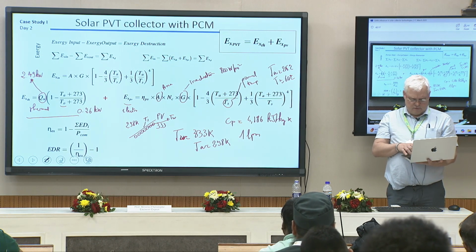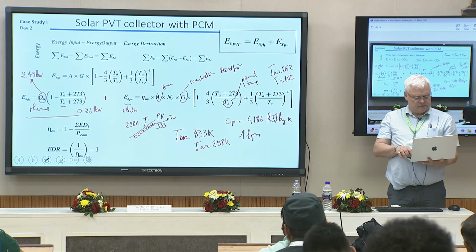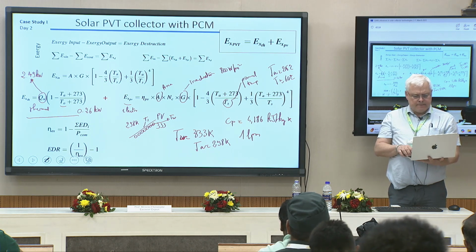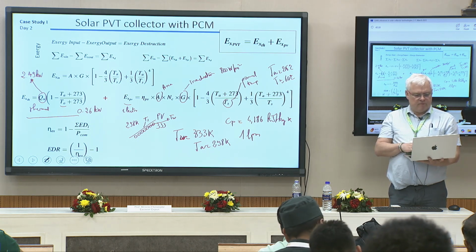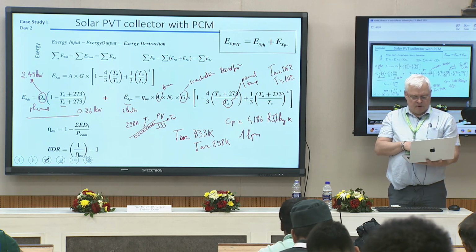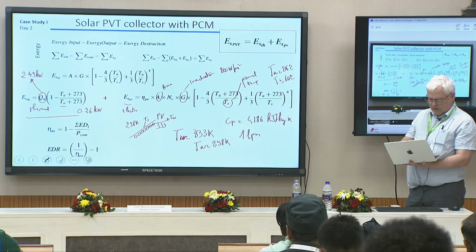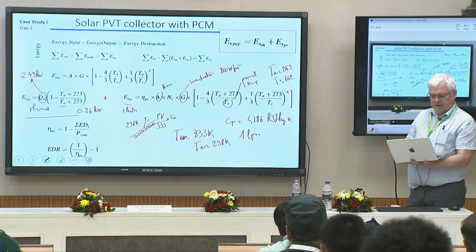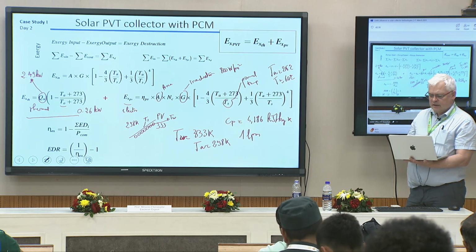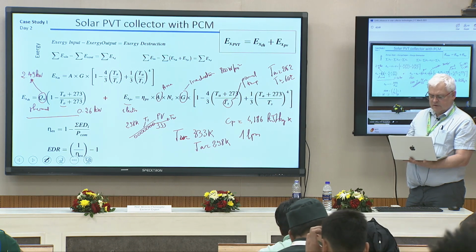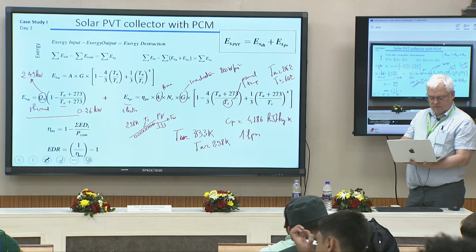It is the sun for this because we can find two formulas. One like the thermal, so instead of useful energy, it is electrical energy, and one with the sun.